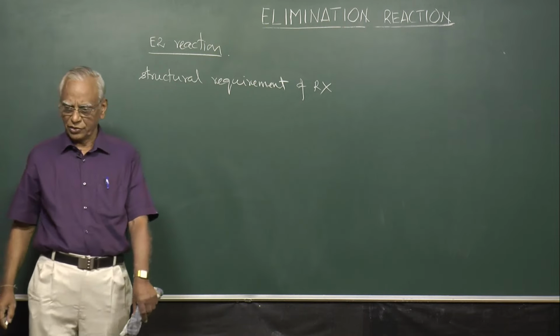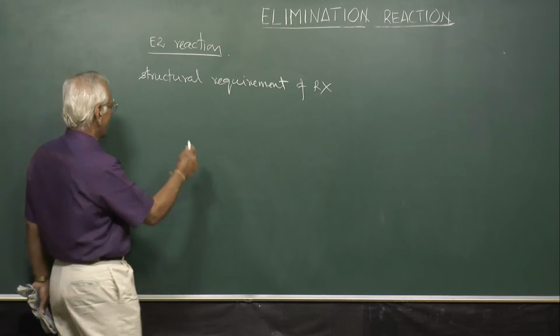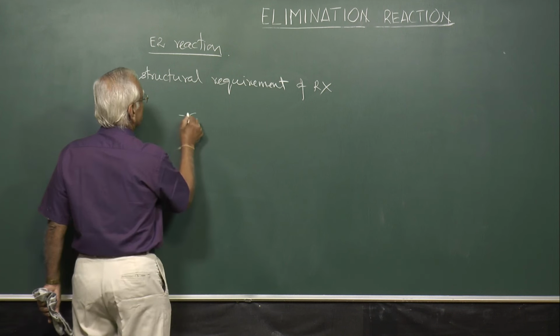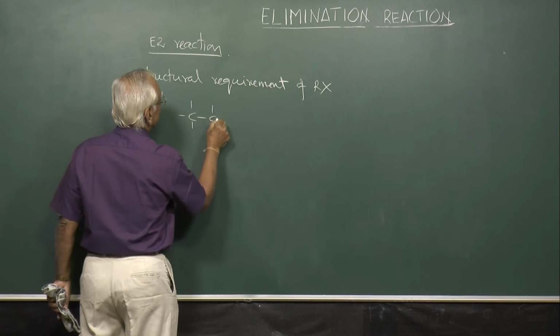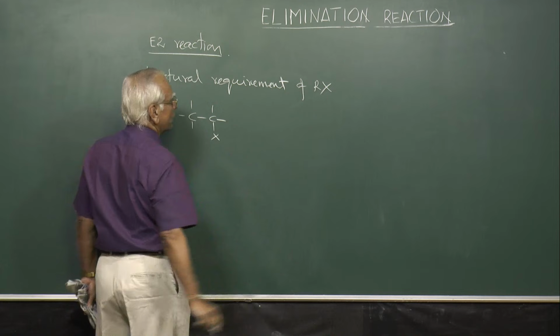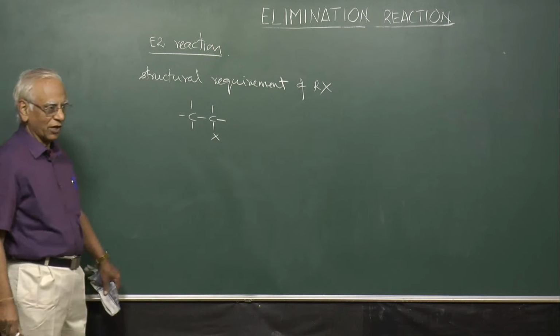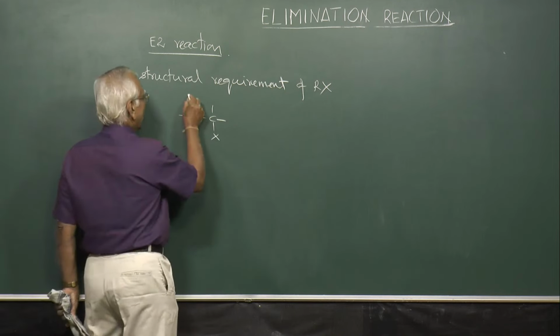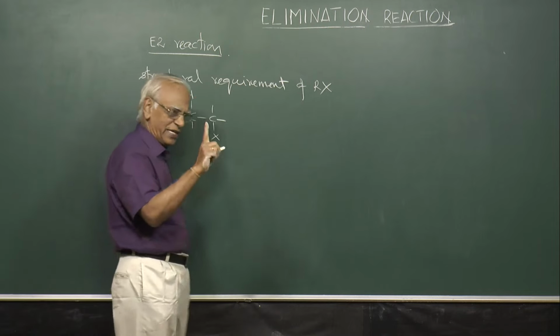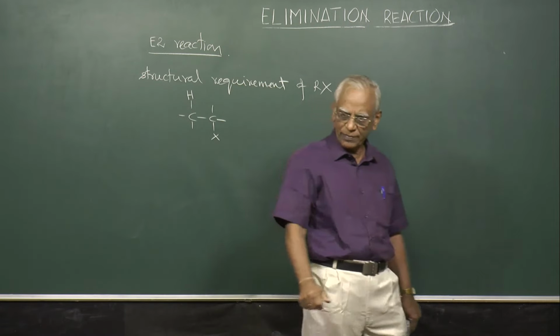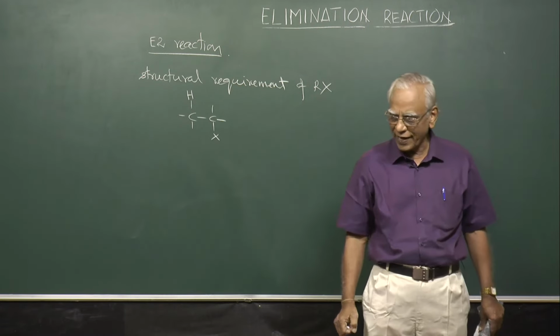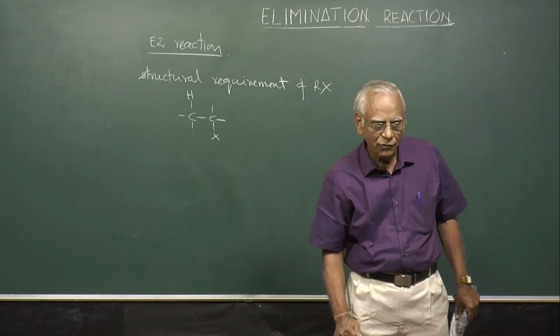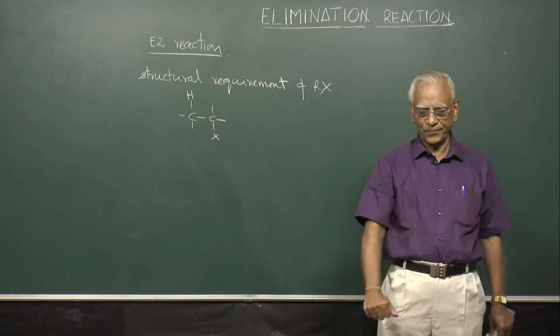What should be the structural requirement of a haloalkane? I need to have a halide, definitely an alkyl halide. I need to have at least one beta hydrogen atom. There must be one beta hydrogen atom. For what reaction to take place? For beta elimination to take place.